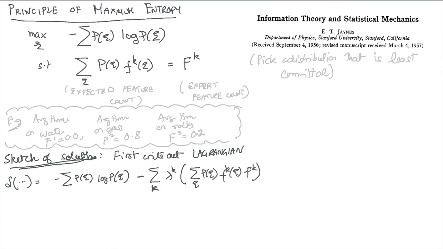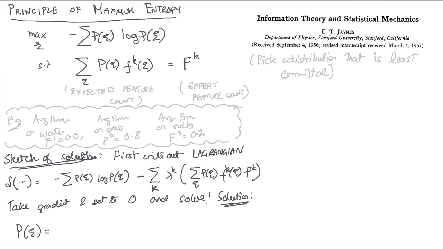You then take the gradient of the Lagrangian with respect to the primal and the dual variables, set it to 0, and solve. The solution is really elegant. So its solution says P of xi is equal to the exponent of the negative Lagrange multiplier times the feature count, and you normalize this.